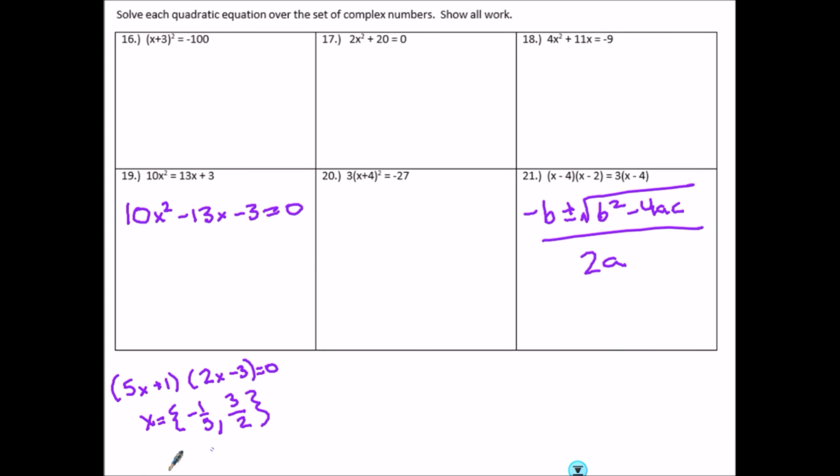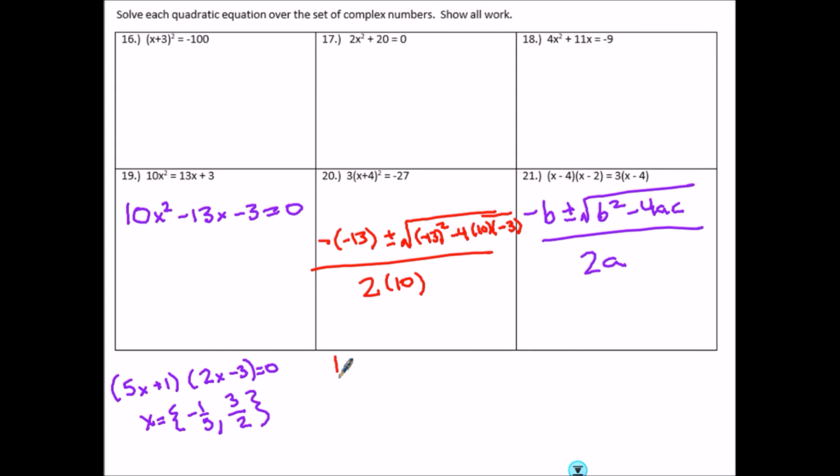Now once again I'm using the quadratic formula, so I'm taking the a, b, and c values and plugging them into the formula. So we get negative negative 13 plus or minus the square root of negative 13 squared minus 4 times 10 times negative 3, all over 2 times 10.